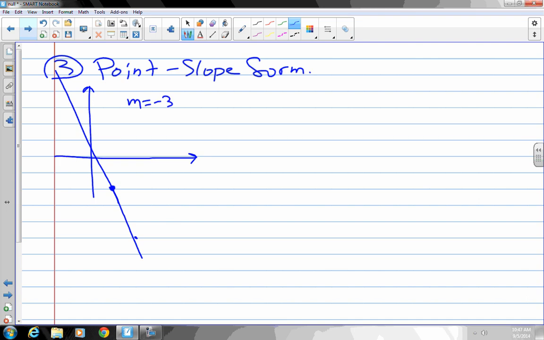In general, let's say the slope is given. We know the slope, and we know some point, let's call it x1, y1. That's what we have: a slope and a point.